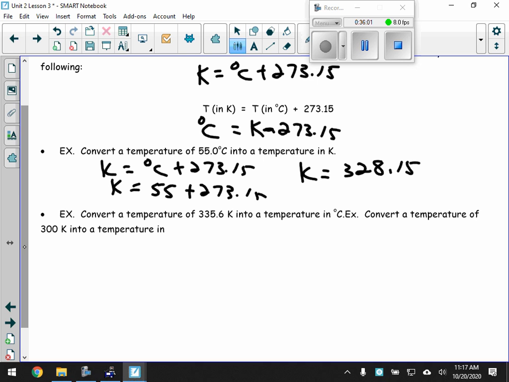Why are we not going to use 328.15 as our final answer? This is lesson 1, right. So what should my answer be? Before you write it down, you might get it wrong. What should the answer be?